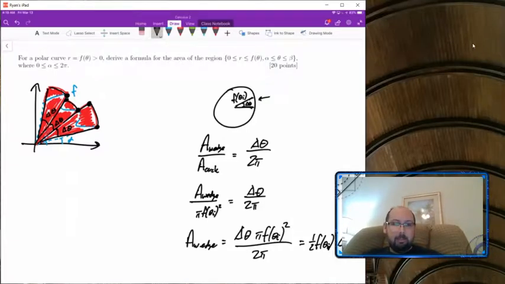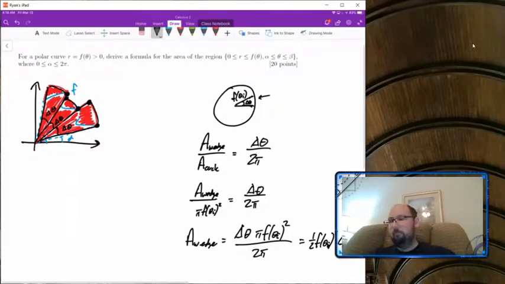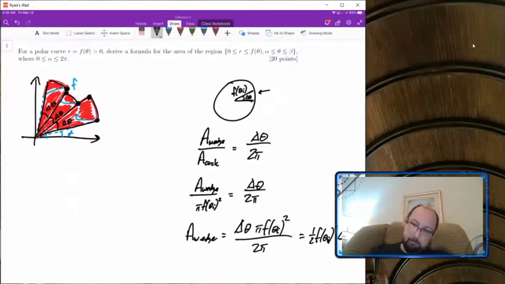So that's the area of a small wedge, where we're letting this delta theta be beta minus alpha over n, where n is the number of wedges that we're using. In this case, n is 3, but we want to run n to infinity.